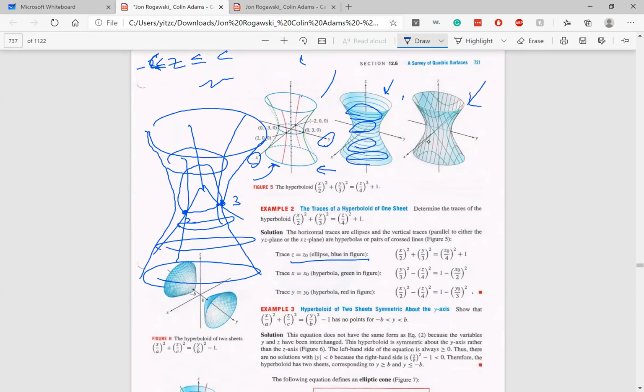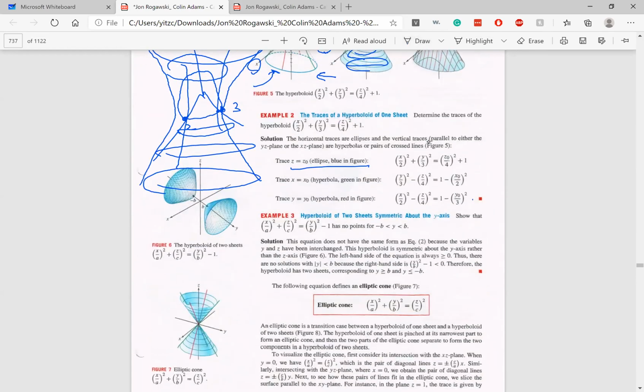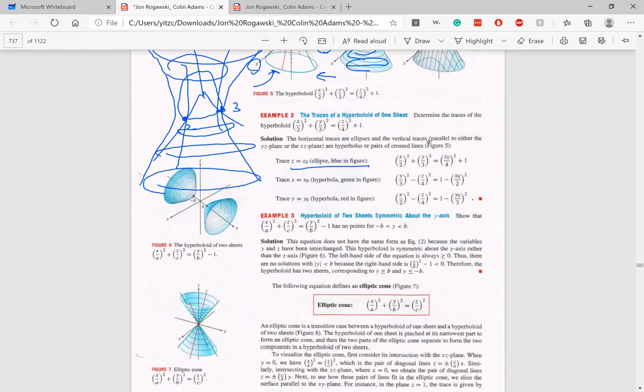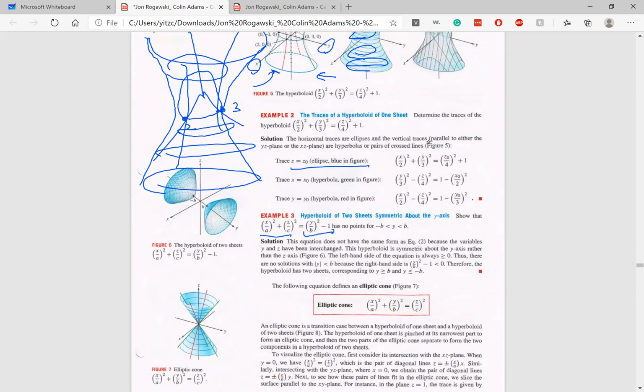So now they ask us to find the traces. Oh no, they say this is a hyperboloid. Whatever, show that this hyperboloid has no point for y between negative b and b. That's exactly what we just did. We said that this thing over here is positive, so this thing has to be positive. If it's negative, we don't have a solution. So when is it negative?